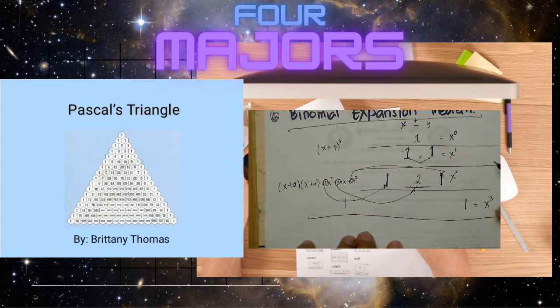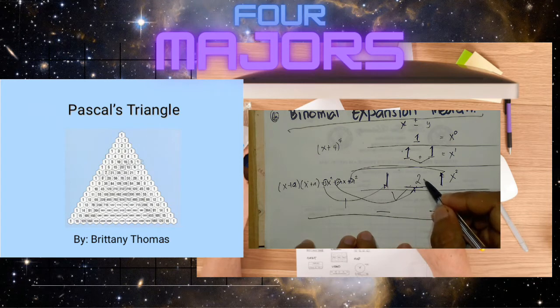It appears that there will be additional terms, 2 more terms, for this one and this one. So what do we do? We add them. 1 plus 2 is 3, then 1 plus 2 is 3.